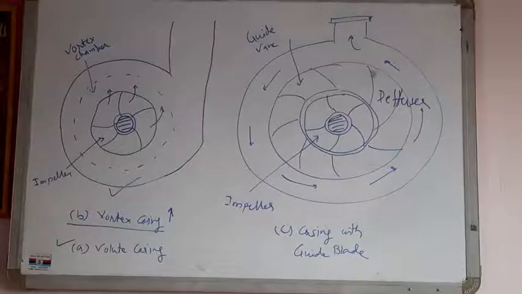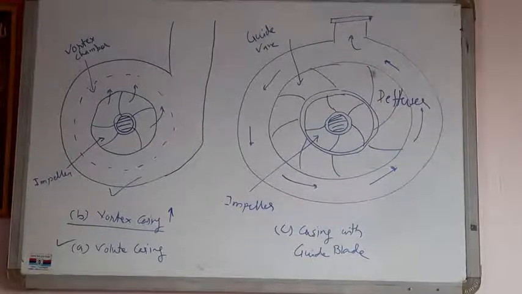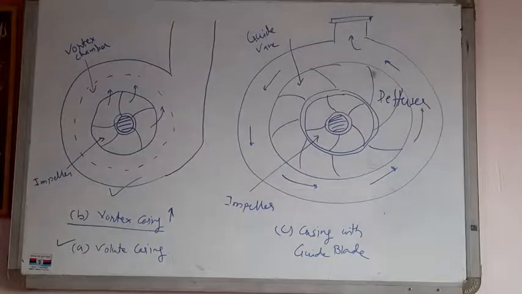Also, the area of the guide vanes increases, thus reducing the velocity of flow through the guide vanes and consequently increasing the pressure of water. The water from the guide vanes then passes through the surrounding casing, which is in most cases concentric with the impeller, as shown in the figure.